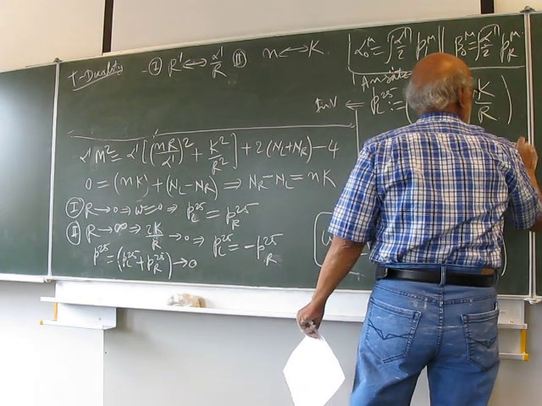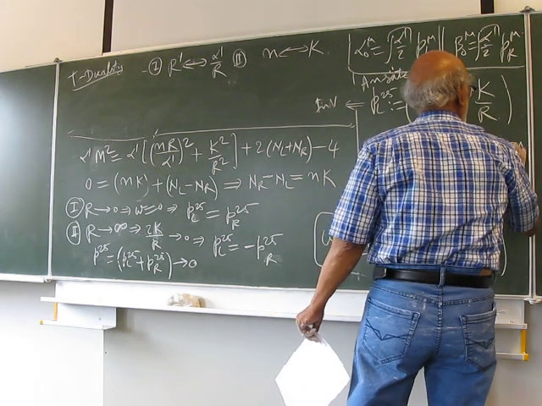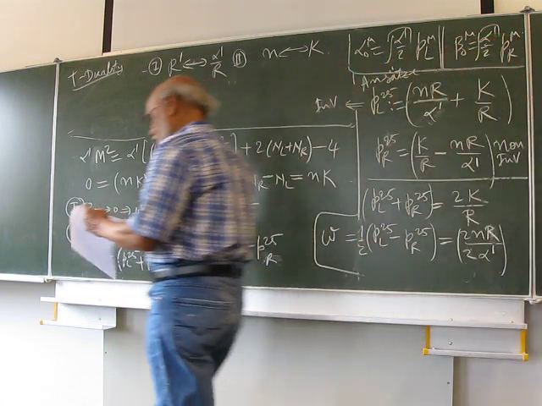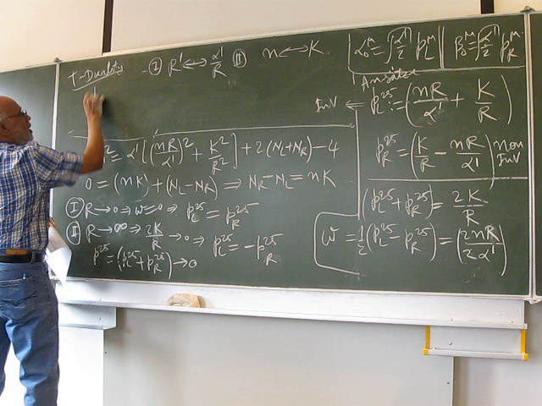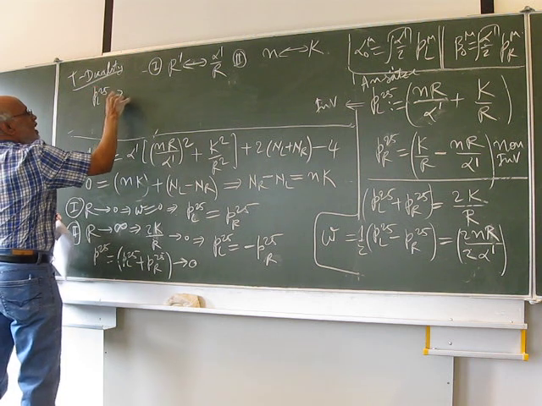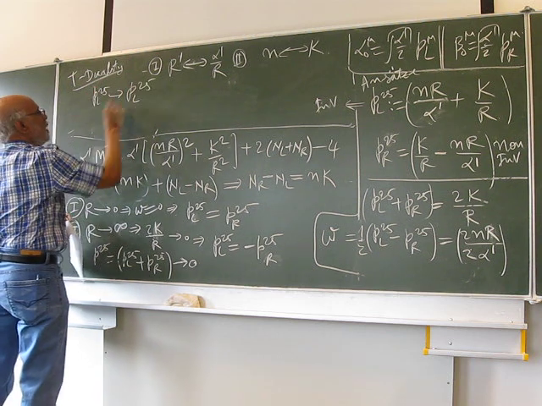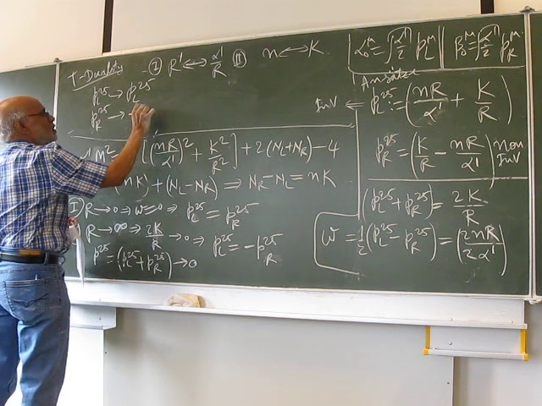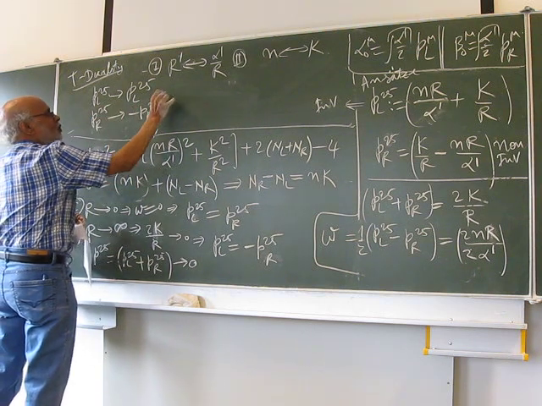This is non-invariant. So what happens under this transformation? PL25 goes to PL25, but PR25 goes to minus PR25.